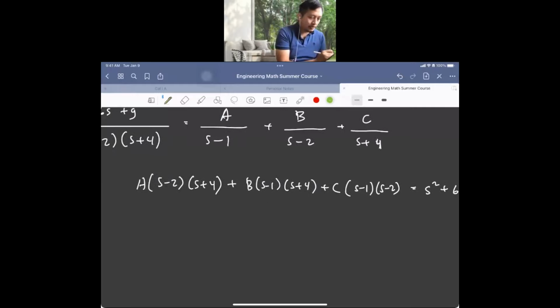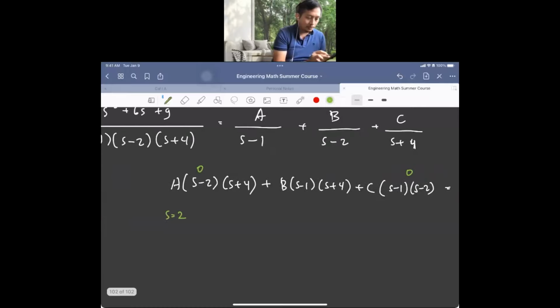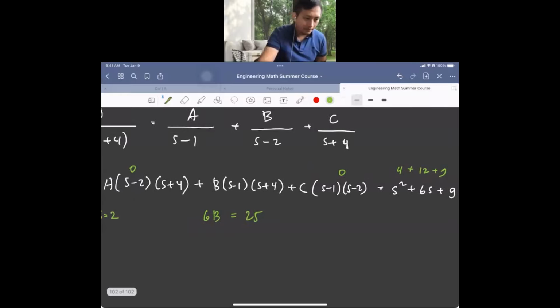Okay? You see that when s is equal to 2, this part is 0, right? This part is 0, right? And you can calculate 4 plus 12 plus 9, right? And you can calculate this easily. So 6B equal to 25, right?